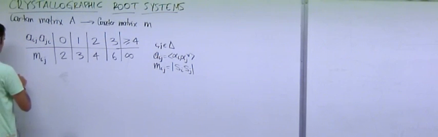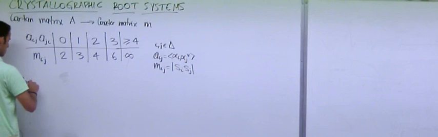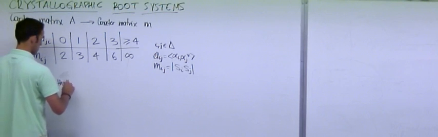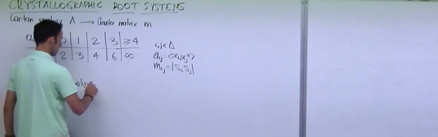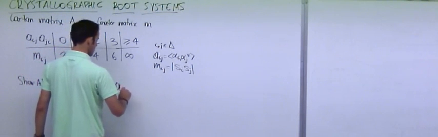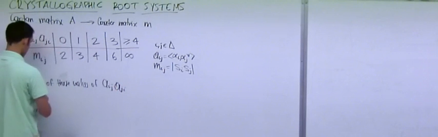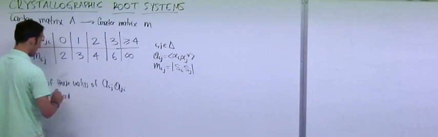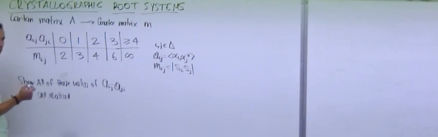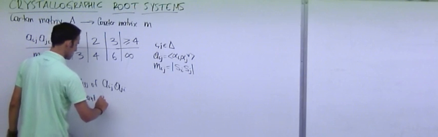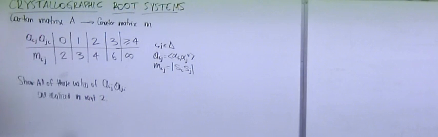So now I'm going to show that all of these values of Aij, Aji are possible. And not only are they possible in theory, they're actually realized in rank 2. Okay. That means that they're realized in any other rank.